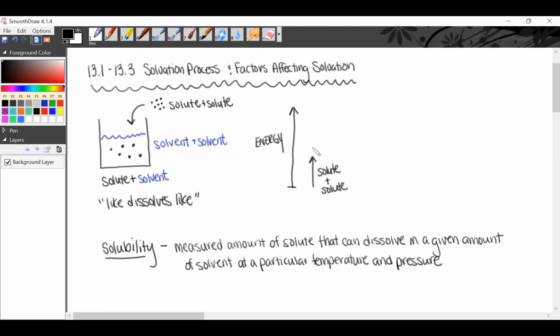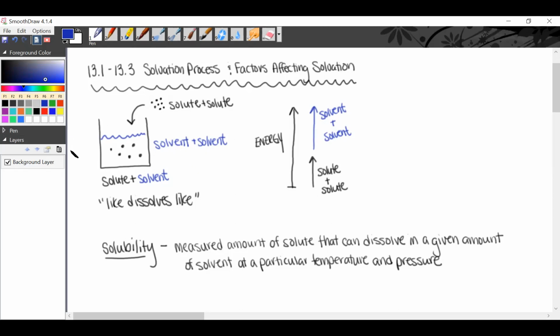I would also need to put energy in to separate the IMFs of the solvent to the solvent. If I wanted to separate the hydrogen bonds that are holding the water molecules together, that would be an energy input as well. So you can see these first two parts of the process are endothermic. You have to put energy in to break apart those IMFs.